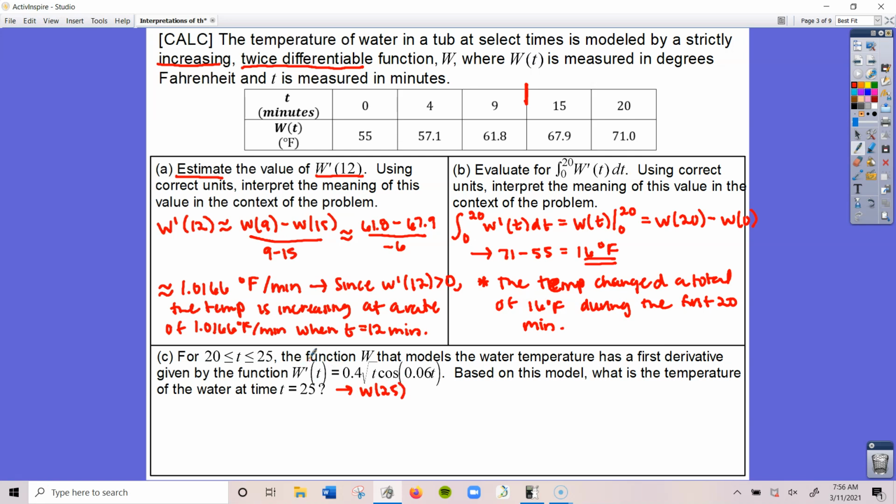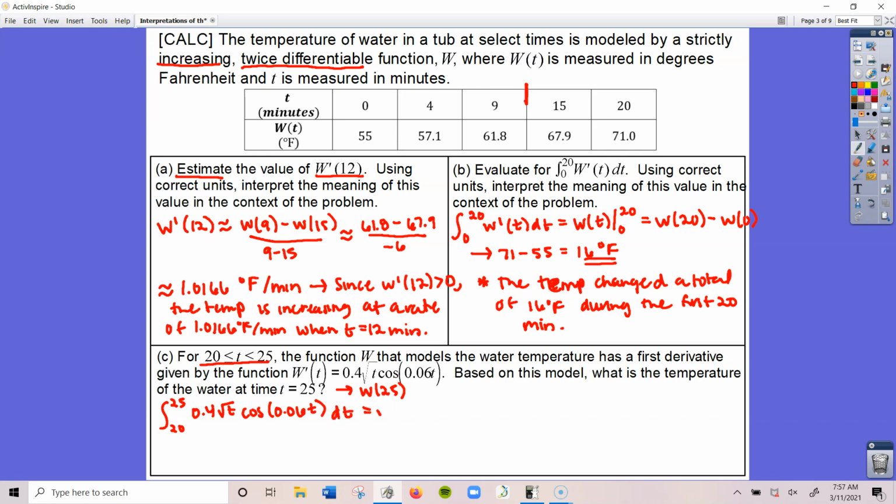Now we're given w prime. So if we need to find the actual function value, that means that we would have to integrate. Now in this particular case, they do give you an interval. So what we can do here is write an integral from 20 to 25 of w prime of t, which is 0.4 square root of t times the cosine of 0.06t dt.